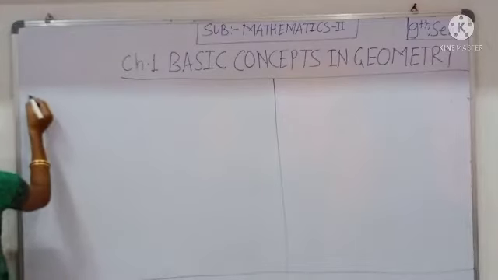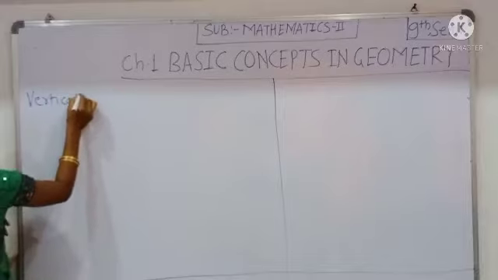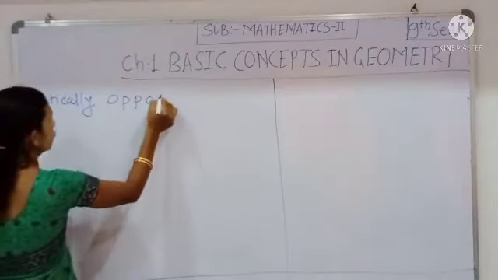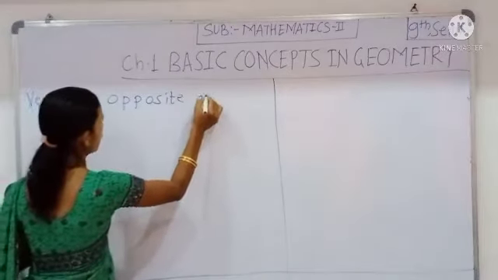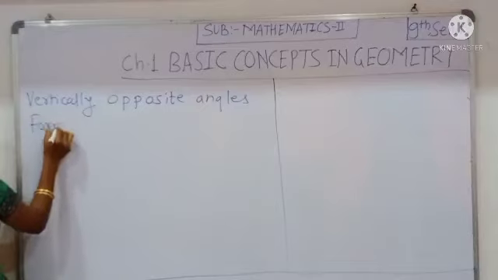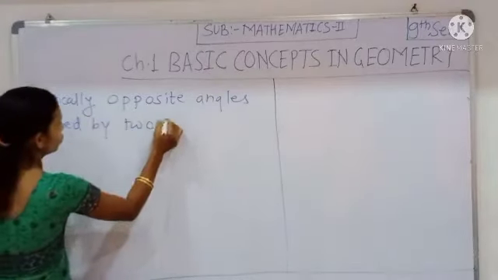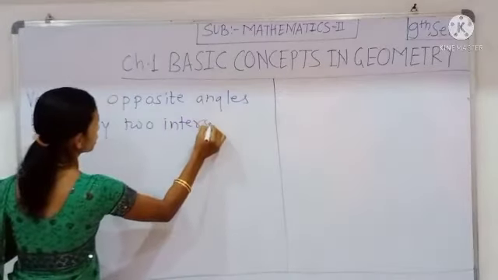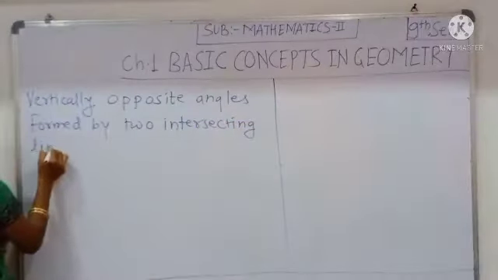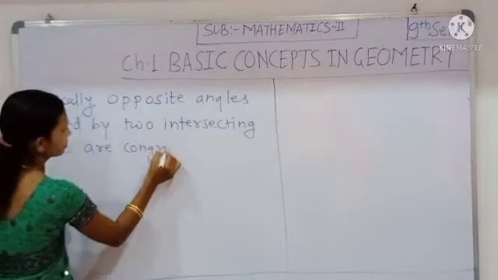See here, the property of vertically opposite angles: vertically opposite angles formed by two intersecting lines are congruent.